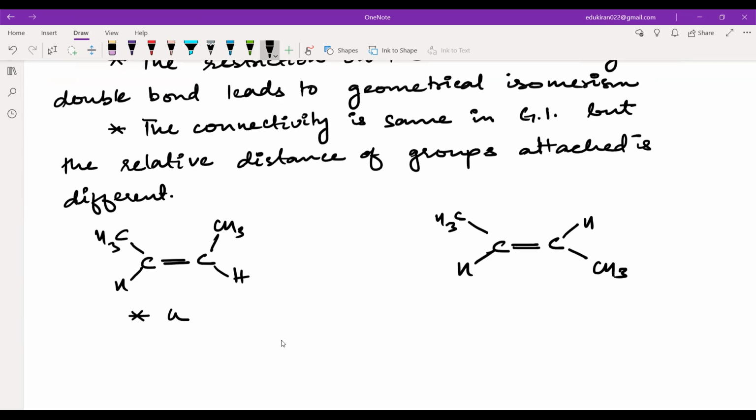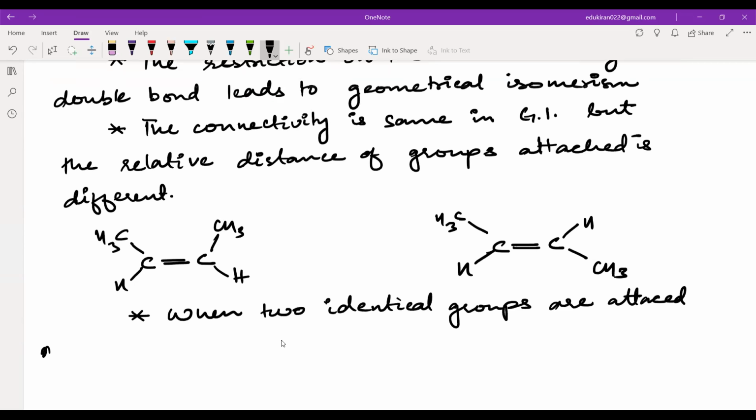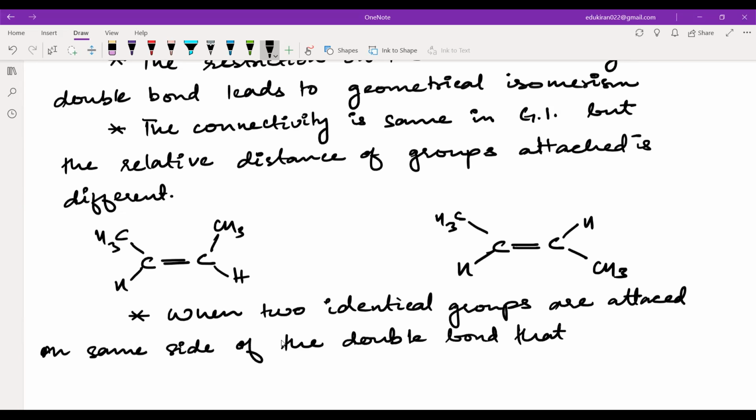When two identical groups are attached on same side of the double bond, that molecule is known to be cis isomer.